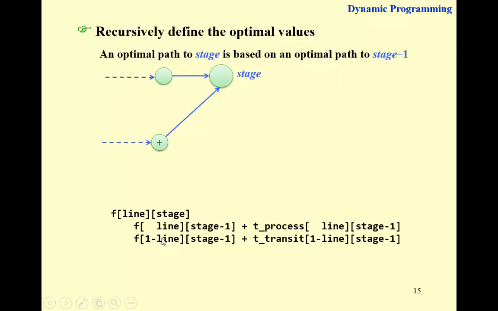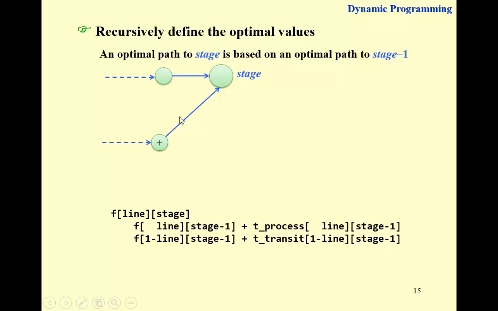So it's flipping from 1 to 0 or from 0 to 1. So that gives the index of the other line, right? So this is the optimal solution from the other line at the previous stage plus the cost of this edge, which is the transit cost, is this cost from the other line and from the previous stage.